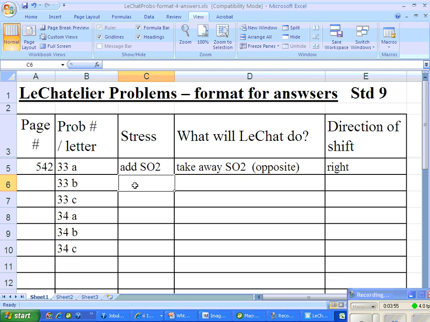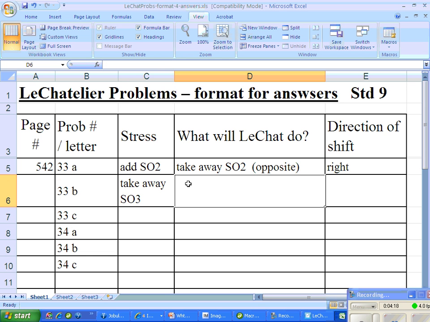Let's watch the logic happen again. In number 2, it says SO3 is present. The SO3 present is liquefied and removed from the system. So as a stress, we take away the SO3.